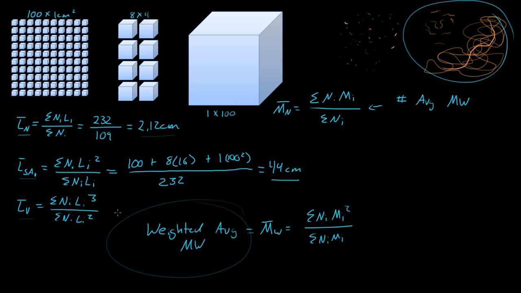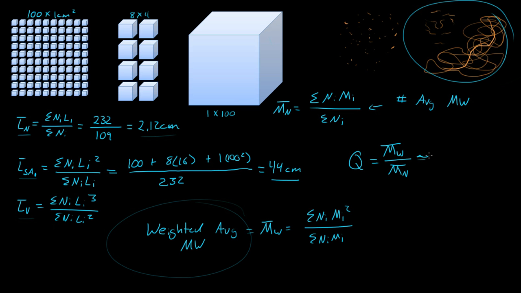Now, the one thing I want to leave you with is when you compare the weighted average and the numerical average, you get this thing called Q, or the polydispersity index. All that is, I believe, Mw bar divided by Mn bar.